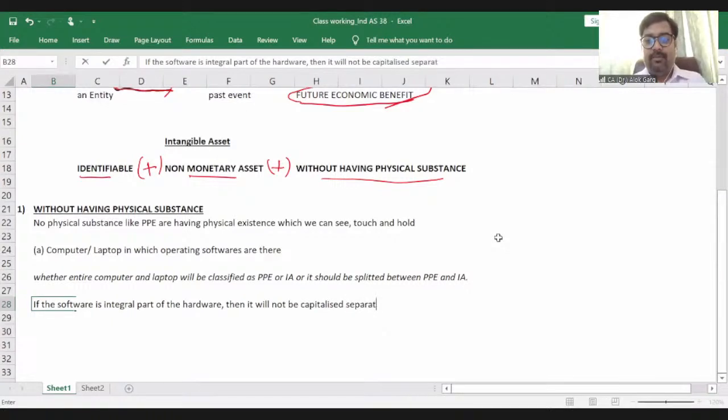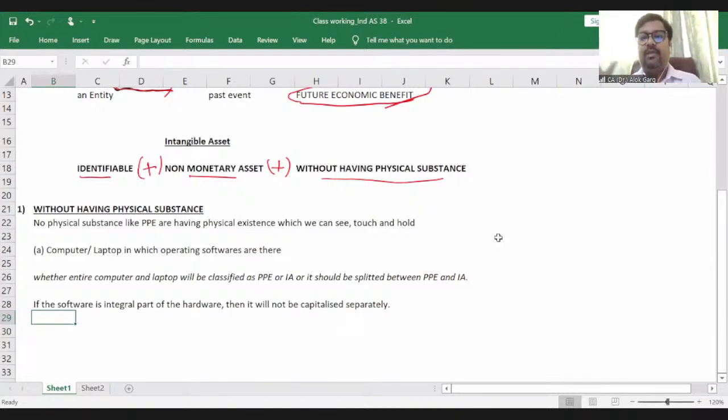separately. For example, MS Windows: you have installed Windows 10 in your laptop. I'm using this Lenovo laptop while teaching you guys. Once I have purchased Windows 10 and installed it in my computer, tomorrow I cannot transfer this Windows 10 to a new device.